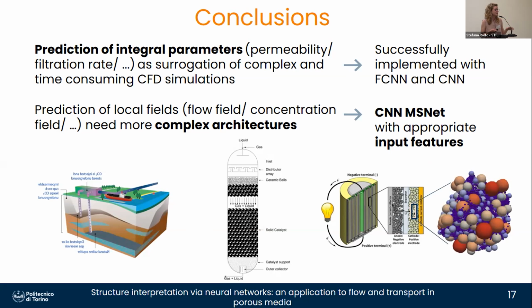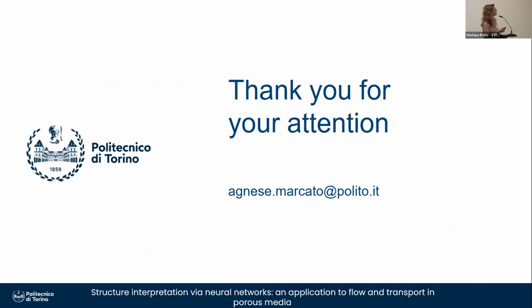And for this purpose, it is necessary to train more complex architectures, and to choose the most effective features for the prediction of the concentration fields. And this can be useful for all the applications I mentioned before that involve flow and transport in porous media. Thank you.